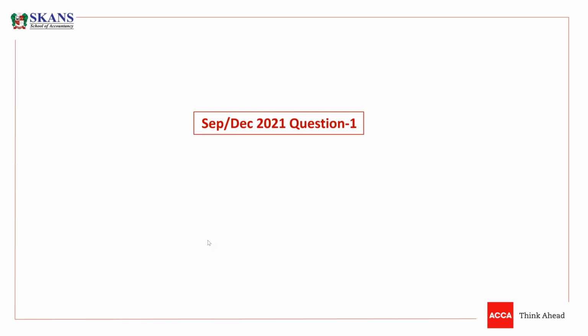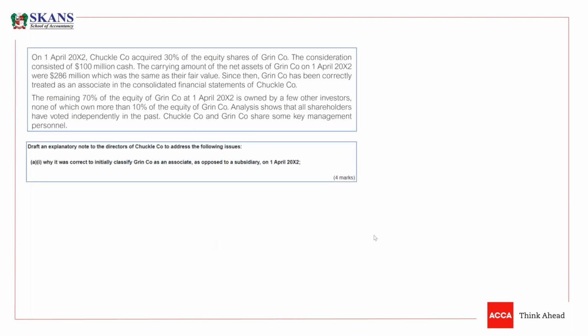This is the recent past paper that is available, and we have to solve this question, guys. The first part of this question, along with the requirement, is in front of you. So let's understand what is in the question, and then we will revise the topic, and then we will apply that topic to the question.